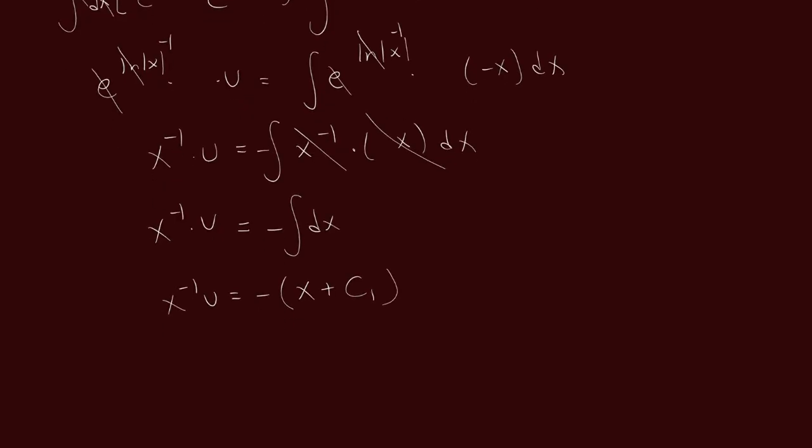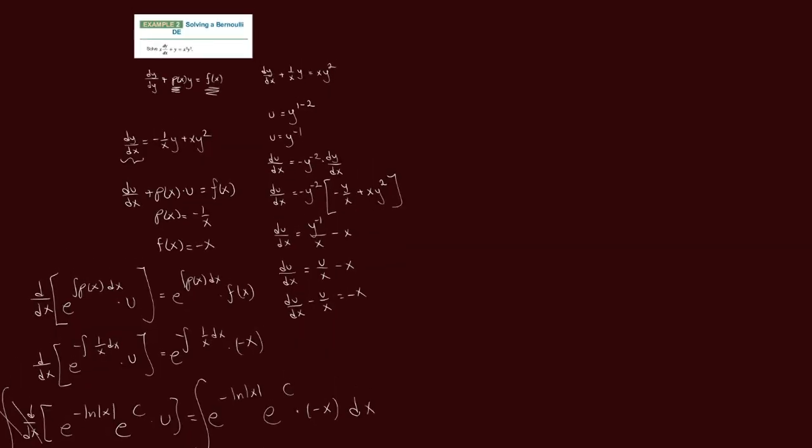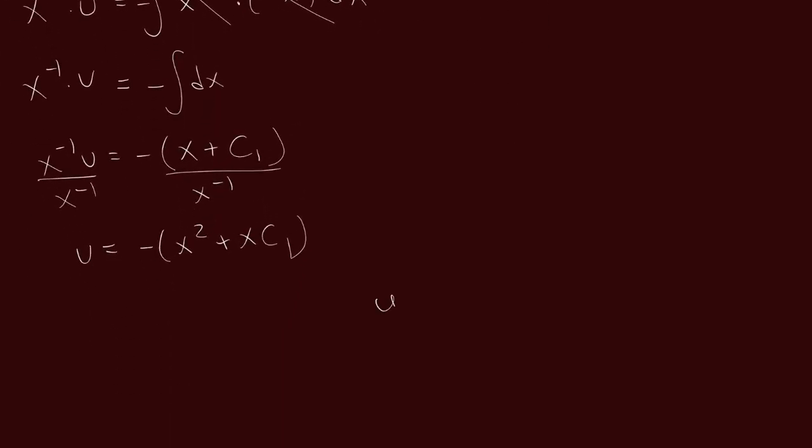And now we just divide everything by x to the minus 1. So that's u equals minus x squared plus x c1. Okay? And now we just have to have everything in terms of y. So recall u was equal to y to the power of minus 1.